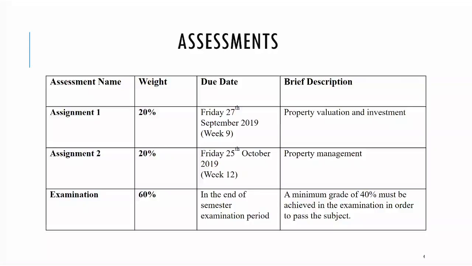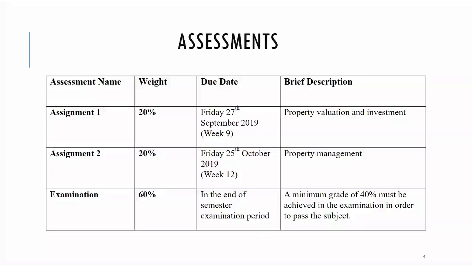Assignment 1 weighs 20% of the whole course and is due on Friday the 27th September 2019, which is week 9. So you have plenty of time to finish that assignment, but don't wait till the last moment, please. You can start now, probably with the market analysis part, before all the other assignments pile up.